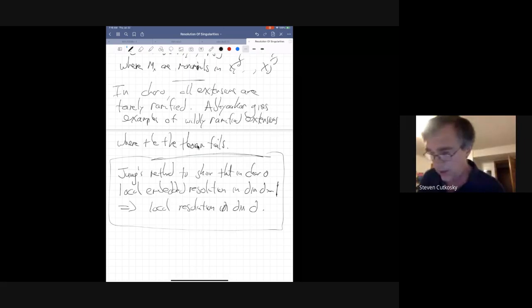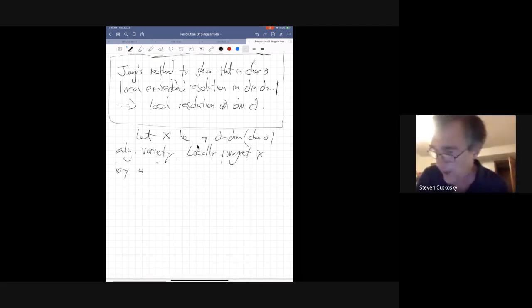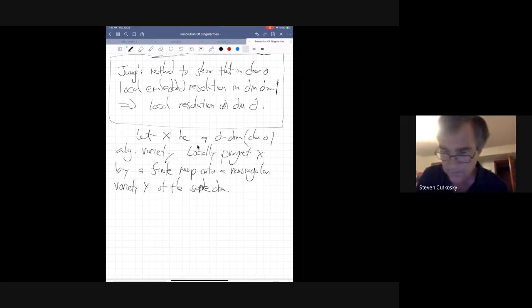Okay, so let X be a d-dimensional characteristic 0 algebraic variety. I'll explain the method. Locally, you project X by a finite map onto a non-singular variety Y of the same dimension d.